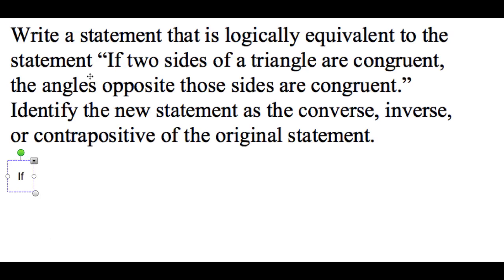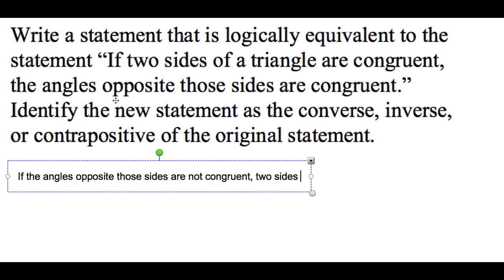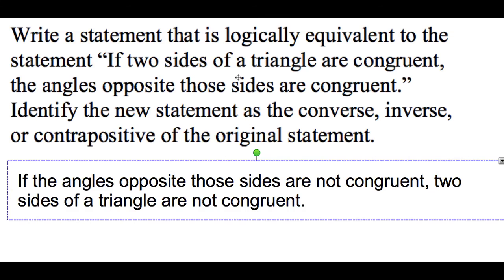If the second part comes first, the angles opposite those sides are not congruent, then two sides of a triangle are not congruent. And that becomes basically the contrapositive of the given statement. And it has to be the contrapositive in order for it to be logically equivalent.